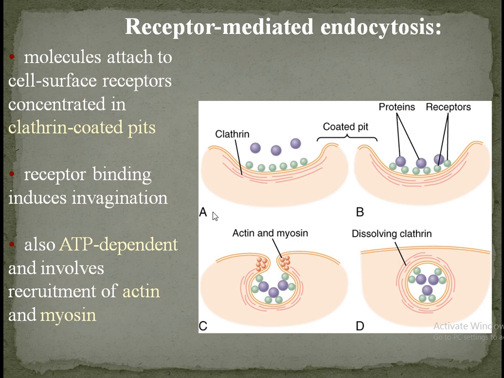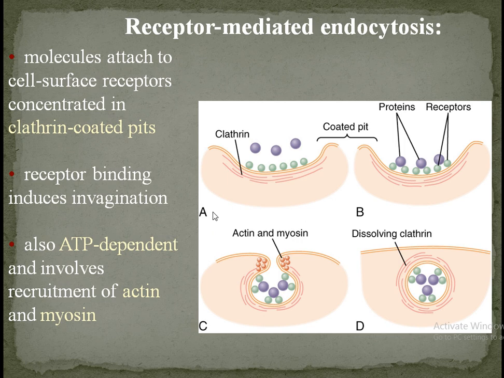Because in this process substances go inside the cell, and it is a receptor mediated process. Firstly, they are attached to specific receptors through which they are transported to the inside of the cell.